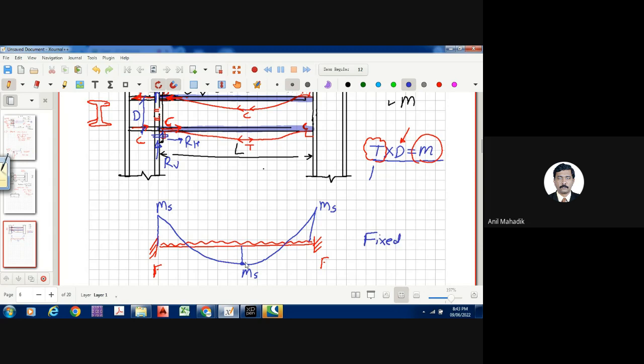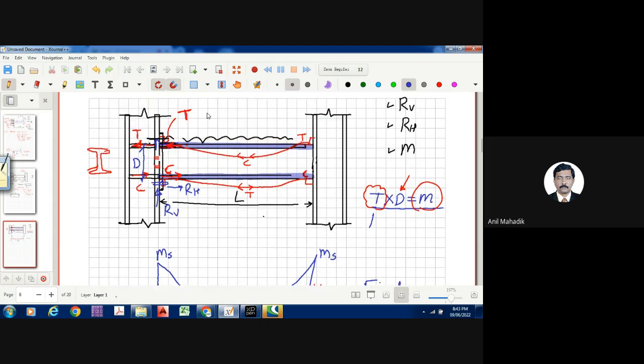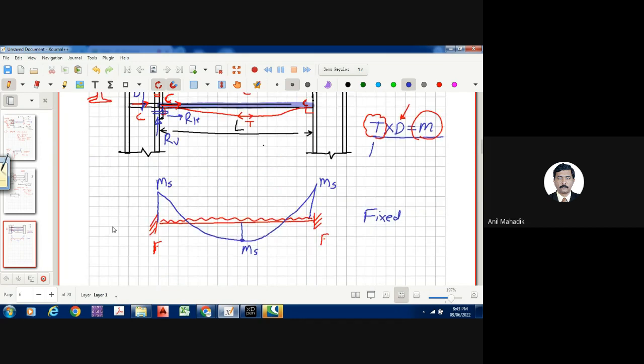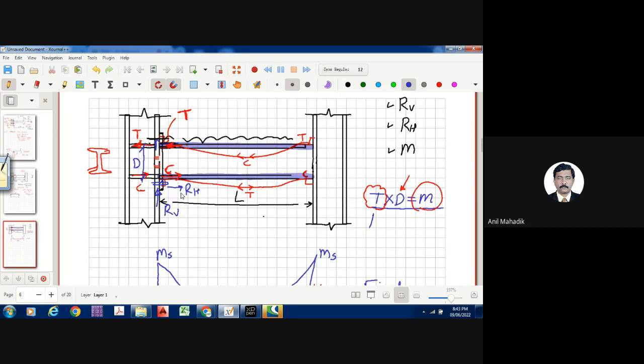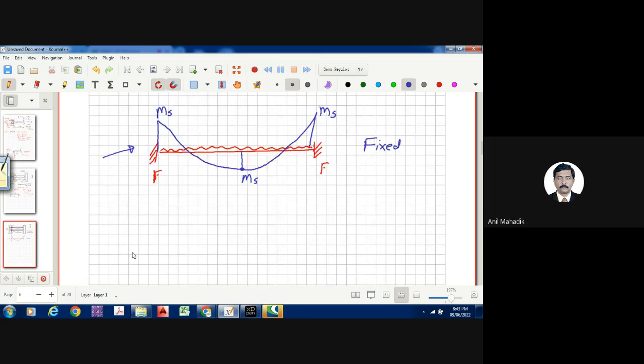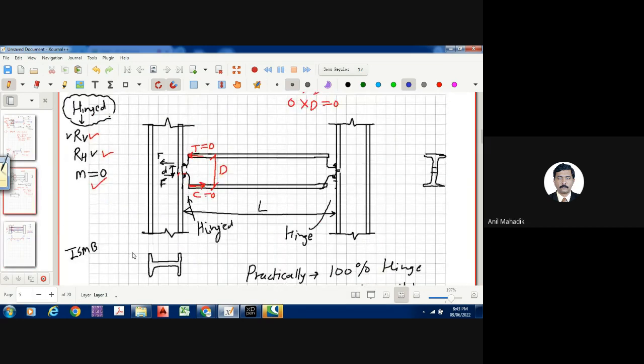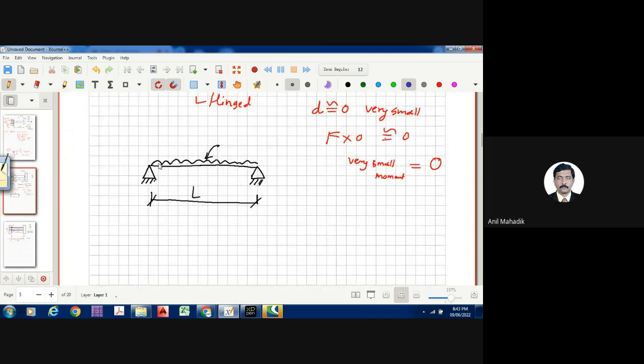This is fixed beam mathematically, and this is fixed beam practically. So if you analyze this beam like this, then you should detail out this like this. And if you analyze the beam like simply supported like this, what will be the bending moment? यहाँ कितना रहेगा bending moment? It is a hinge. Zero.